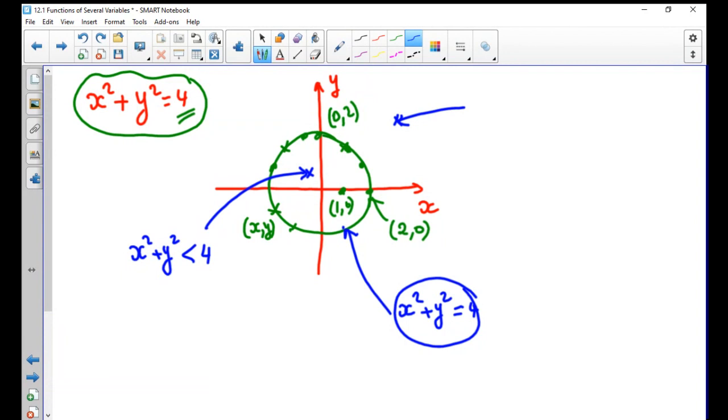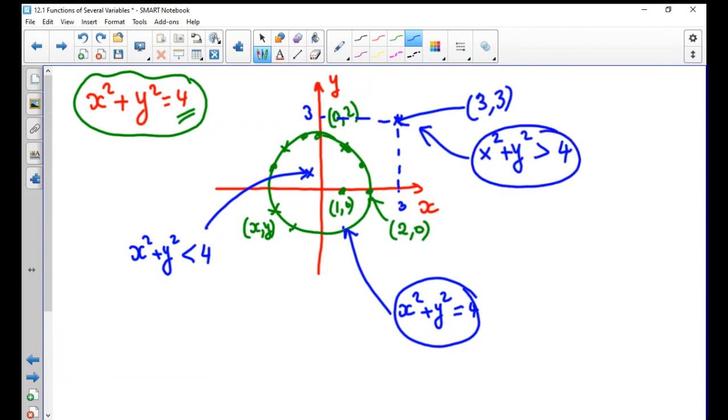Any point. This one maybe is about 3. You will see that outside, x squared plus y squared is always greater than 4. So this circle divides the plane into how many regions? 3 regions.